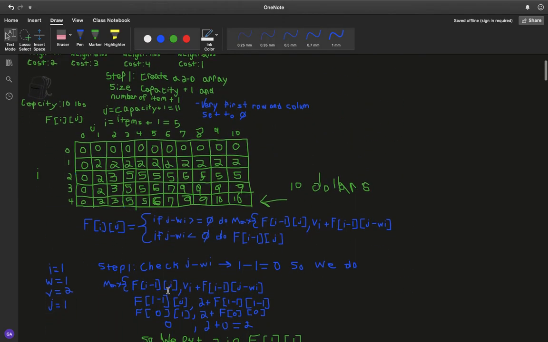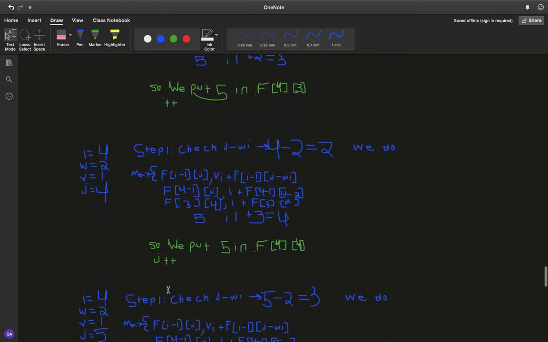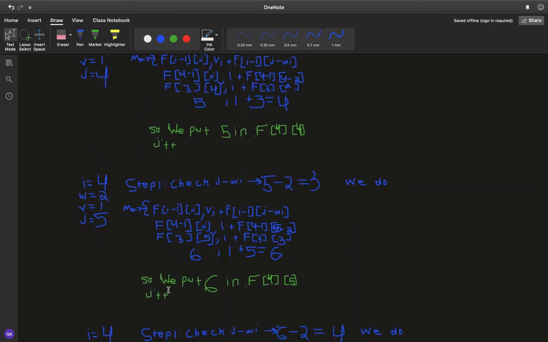So yeah, now we increment j to 5. j minus the weight. The weight stays the same. We're showing item number 4. 5 minus 2 is 3. 3 is greater than 0, so we take the max value of these two functions. f sub i still stays the same, which is 4. 4 minus 1 is 3.